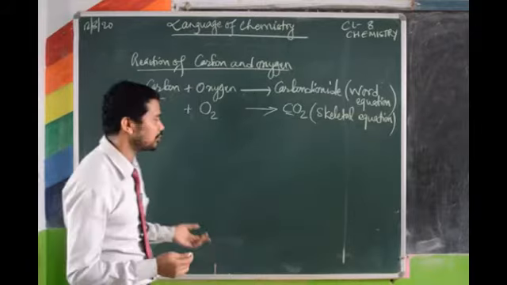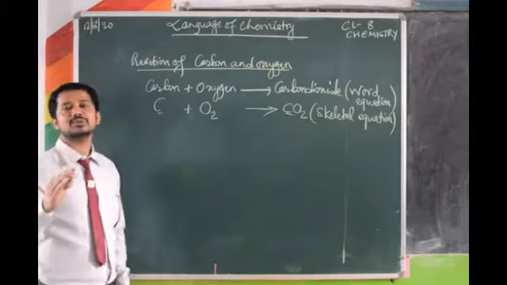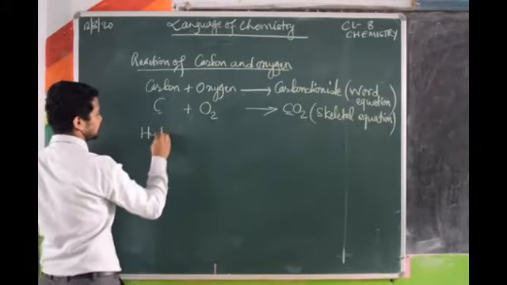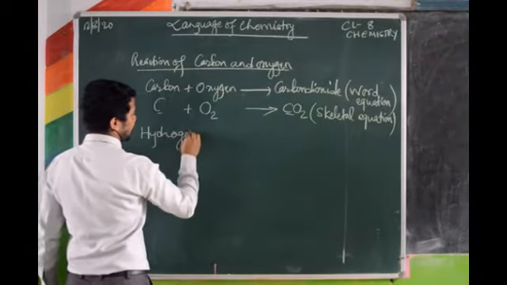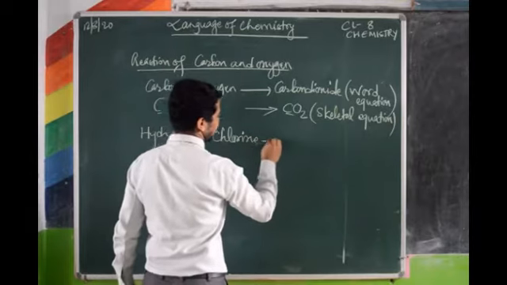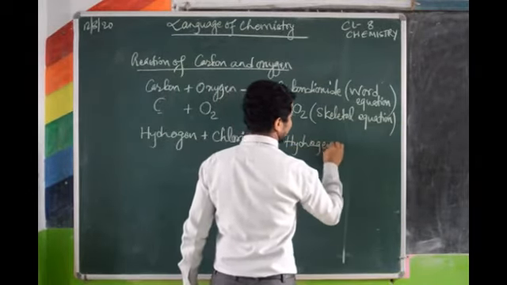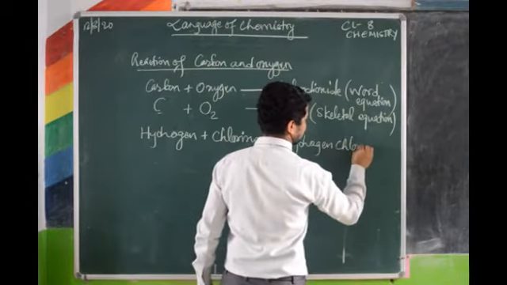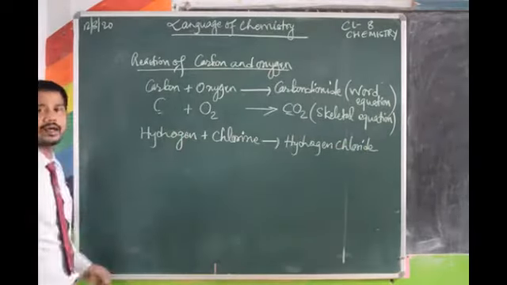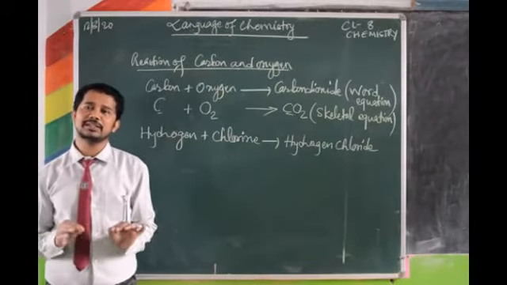For example, if we have to write the reaction between hydrogen and chlorine: hydrogen plus chlorine gives hydrogen chloride. The hydrogen symbol is H, but we cannot write it in atomic form. We have to write in molecular form.